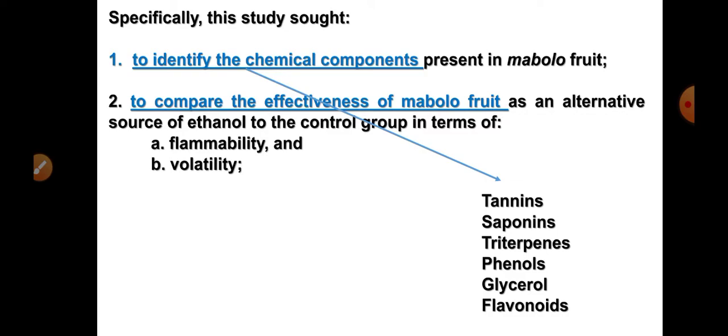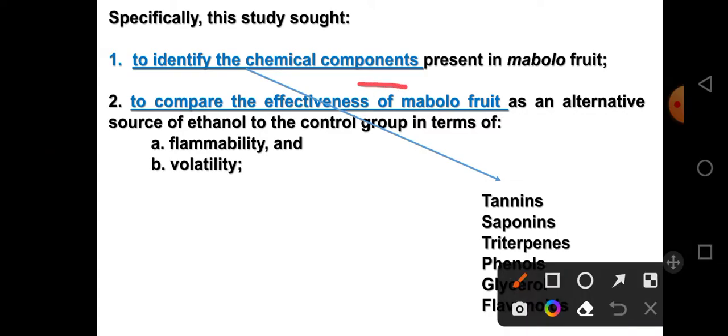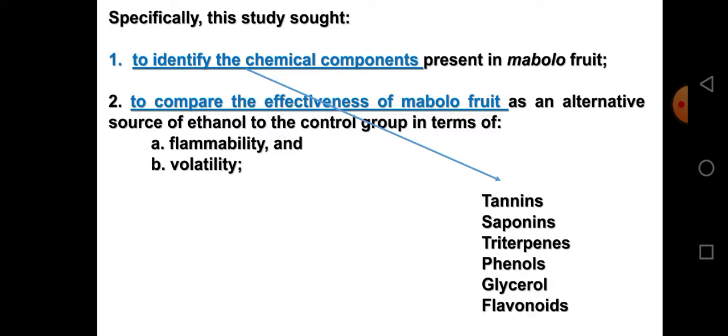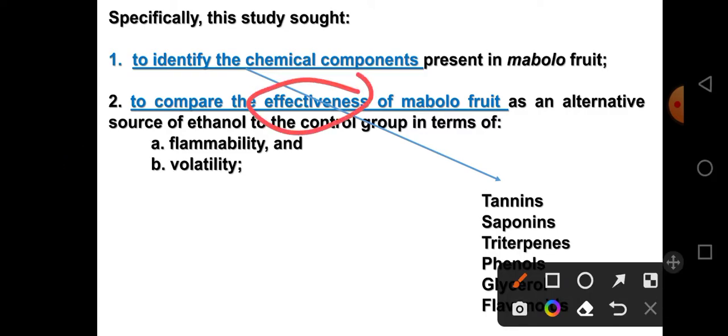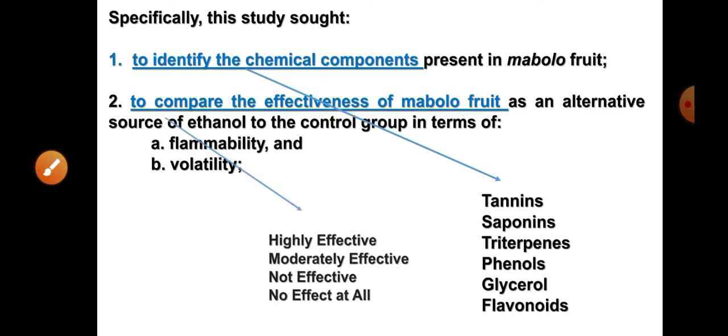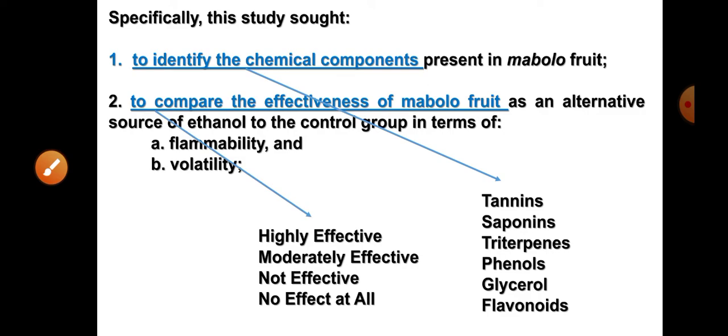Next, for us to describe the effectiveness of mabol fruit, we can give such responses by means of interpretations to describe the effectiveness. And what are those interpretations? We have highly effective, moderately effective, not effective, and no effect at all.